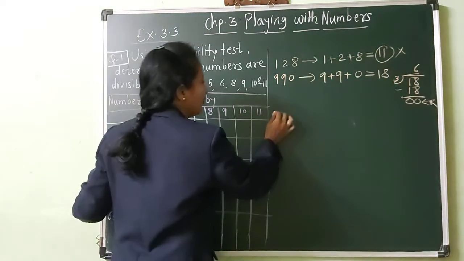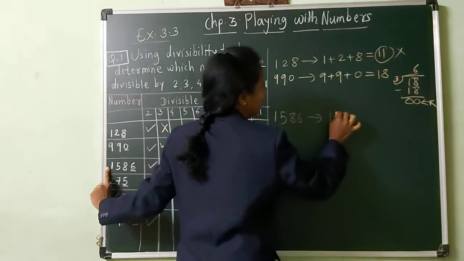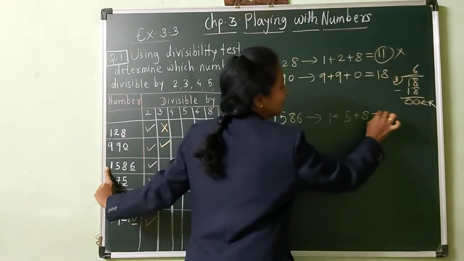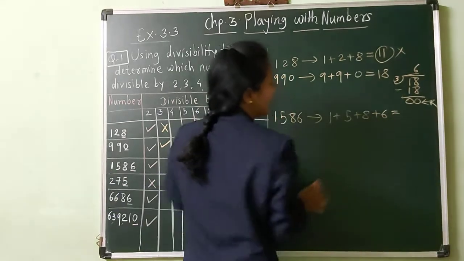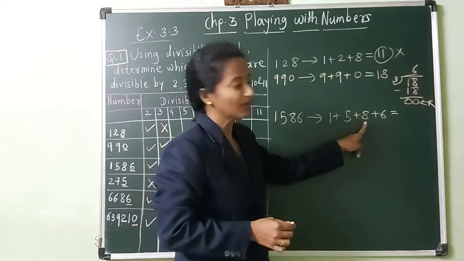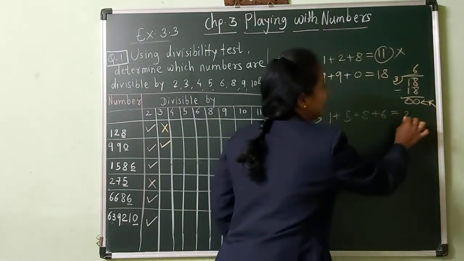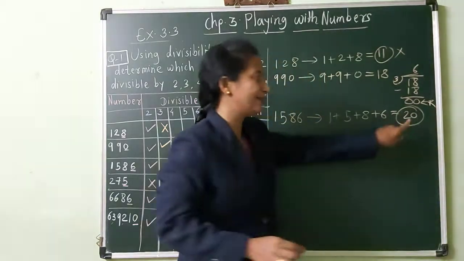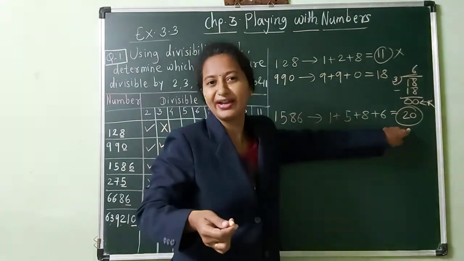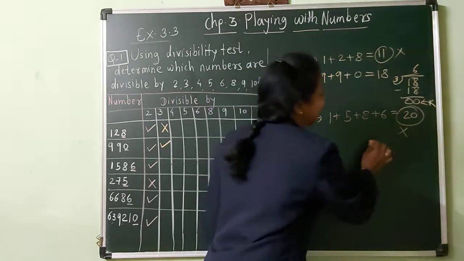Now the next number, 1586. Do the addition: 1 plus 5 plus 8 plus 6. What is the sum? 1 plus 5, 6. 6 plus 8, 14. And 14 plus 6 is 20. Now, is 20 divisible by 3? No. 3 sixes are 18, 3 sevens are 21. This 20 is not exactly divisible.